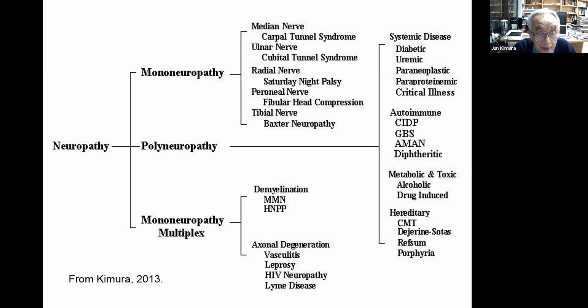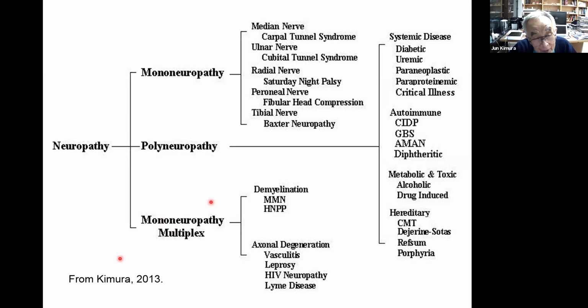Now, the third category is uncommon, but more interesting. And this is called mononeuropathy multiplex. And as it just says, mononeuropathy is the same here, one nerve, but multiplex, many of them, all right? But this is different from polyneuropathy because you take a history.